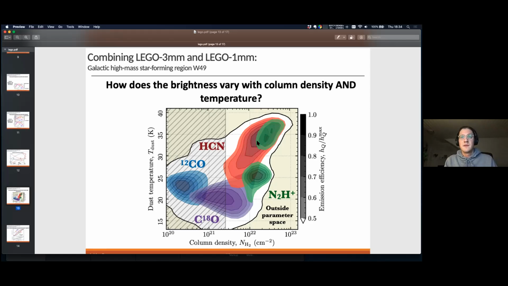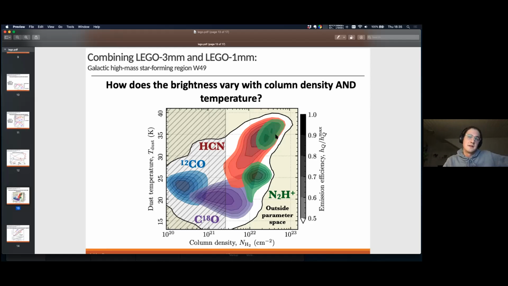If you were just looking at the one axis, you would see these two blobs merge and you would think they're tracing similar material. But now with this second dimension, they split up in terms of temperature. For a single column density, you see that the HCN is emitting within that high column density, high temperature regime, whereas N2H+ appears to be split up.